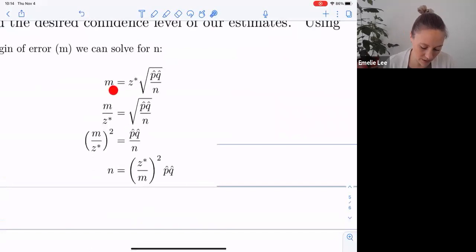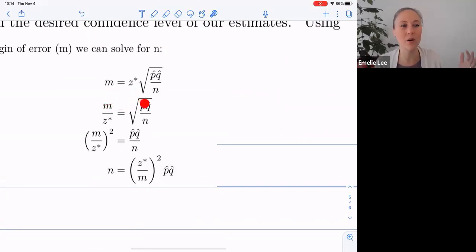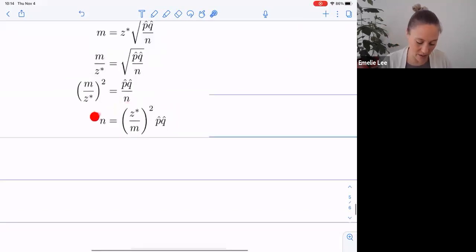So I divide the z star over, and then I have a square root, so I need to square both sides, and then I'm trying to solve for n, so I multiply it over, and then I divide everything else over. And what I end up with here is this formula.